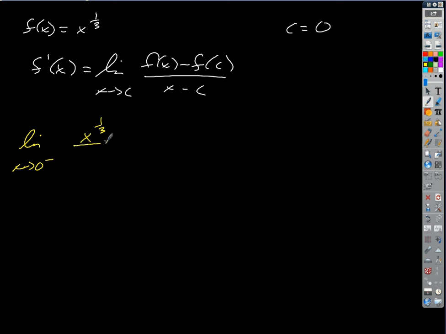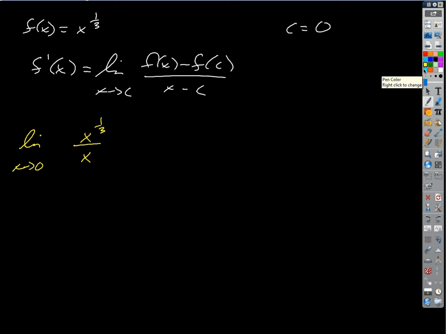Over x minus 0, so that's just x, as x approaches 0 from the left. Actually, on this one we don't even have to do the left and the right, I don't think. If we need to, we'll do it later.